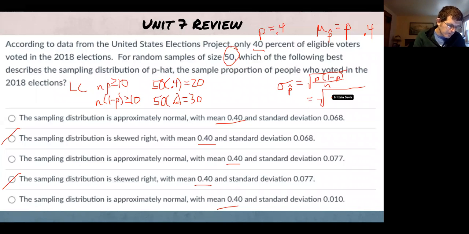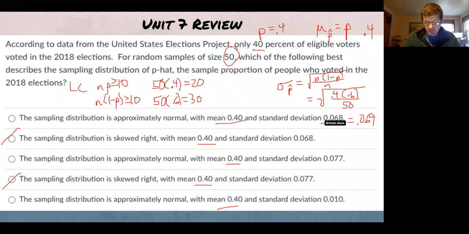So p is 0.4, 1 minus p is 0.6, sample size is 50, and now this will finally tell us what our answer is. 0.4 times 0.6 divided by 50, and I got 0.069. So it was a little bit off. I don't know why it showed 0.068 instead of 0.069, but that is our best answer.